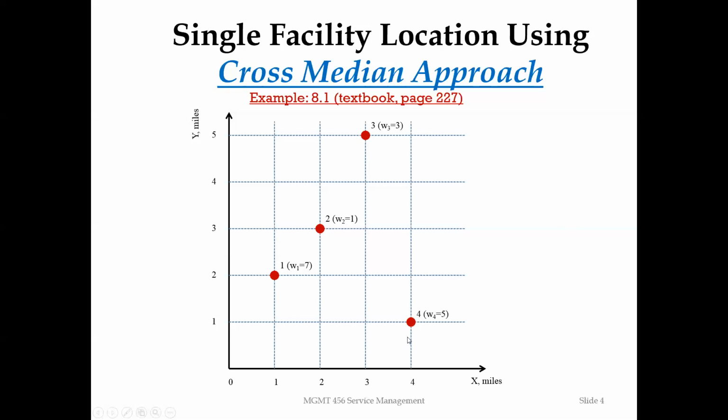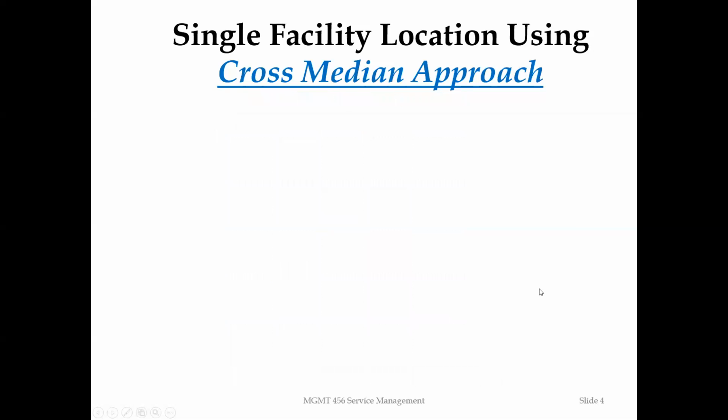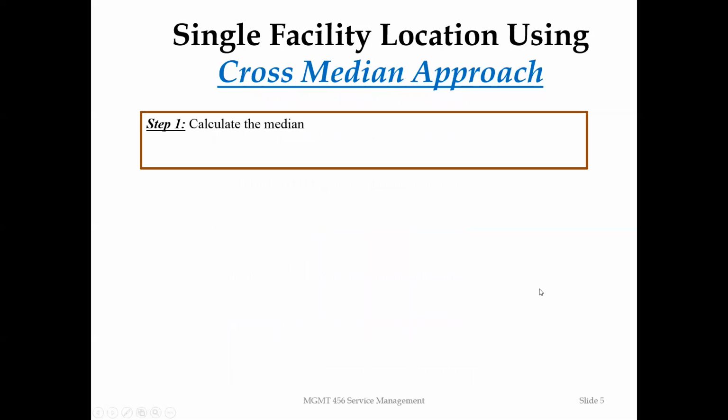When we go in each of these 4 different directions, we keep adding all these weights until the sum hits the median value. Okay, let's take a look. Step 1 is about calculating the median. How do we calculate the median? Basically, we add all the weights for all the cities and divide by 2.